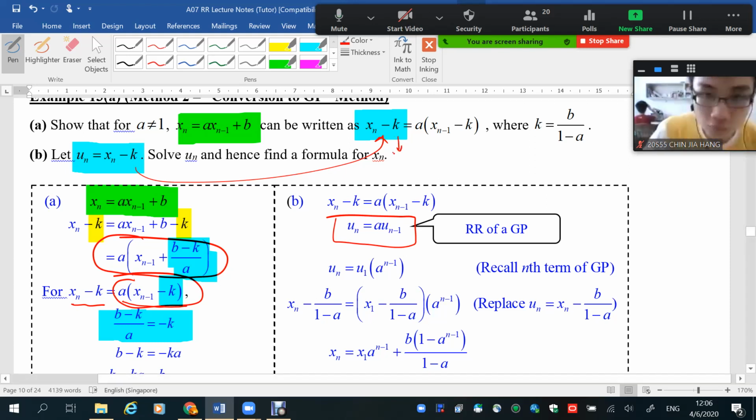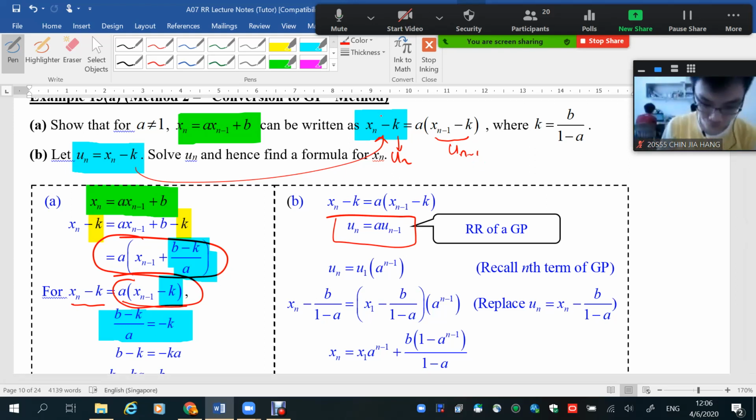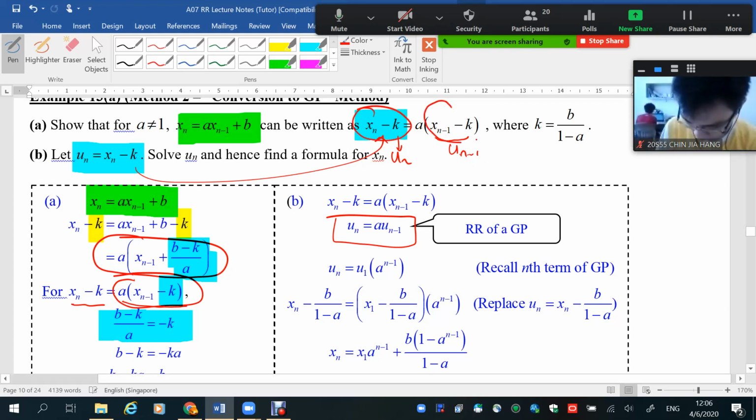Basically, this is un. This one will be un minus 1. Can you spot the pattern? So it's basically a matter of replacement. Replace this by un, replace this by un minus 1. So I have this un, this yellow bracket here. un is equal to a times un minus 1.